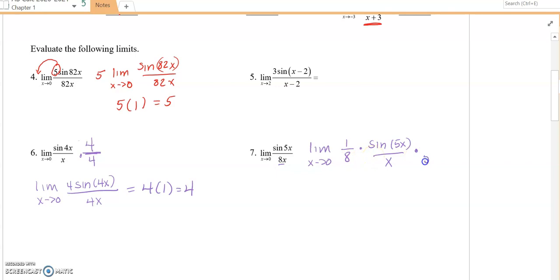And now I'm going to create that 5 in the denominator, but since it's an expression, I can only multiply it by a value of 5. So what do I have left? I have 5/8 times 1, and I get 5/8.